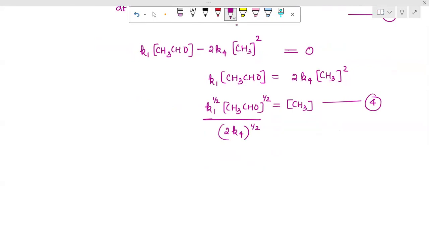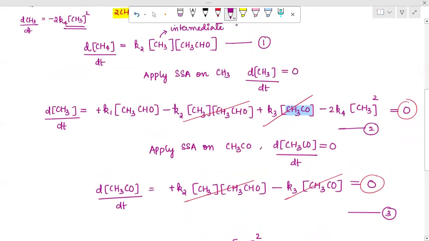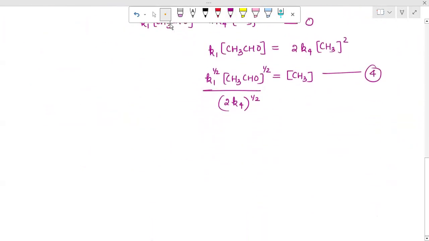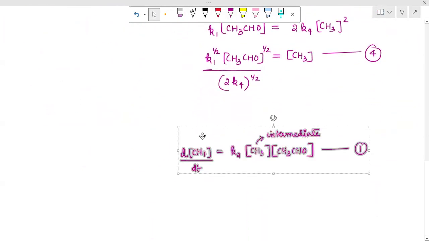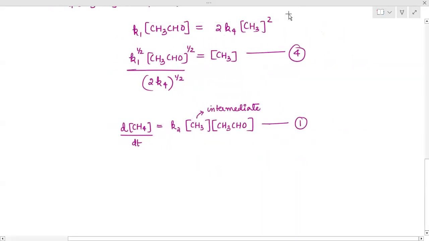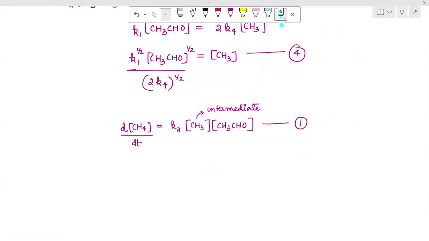Now, coming back to the question, we need to find the expression for the rate of formation of methane. I'll paste it over here so that you can see it in one screen. This is equation number 1, where you have the rate of formation of methane as equal to K2[CH3], which is an intermediate, times [CH3CO]. Now you have the expression of the intermediate in terms of the reactant only, so let's plug in.